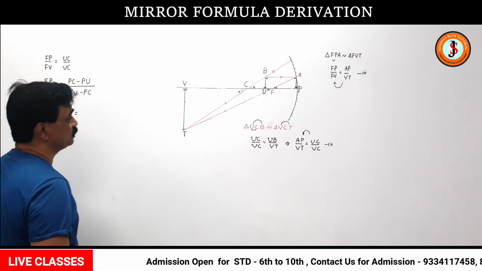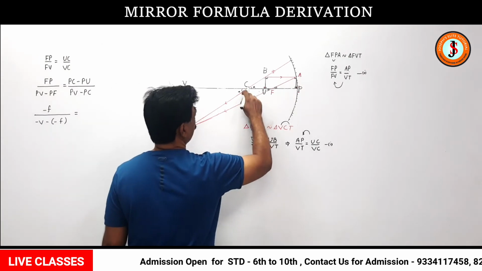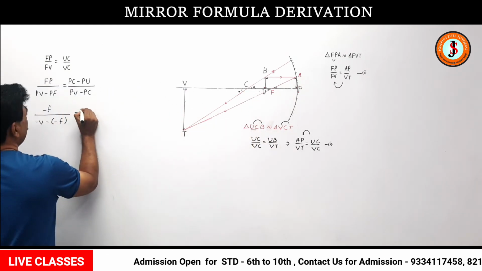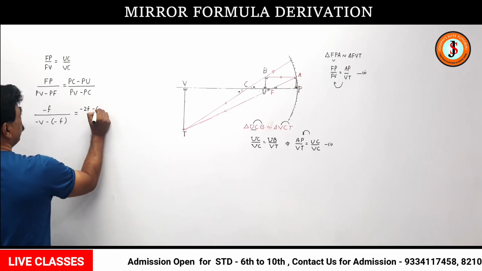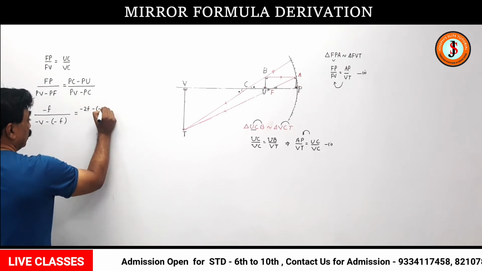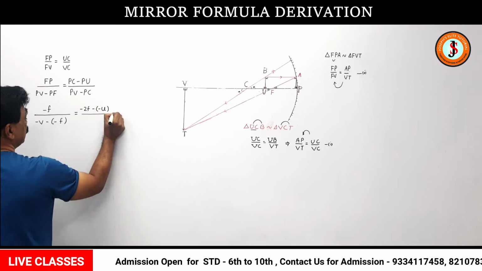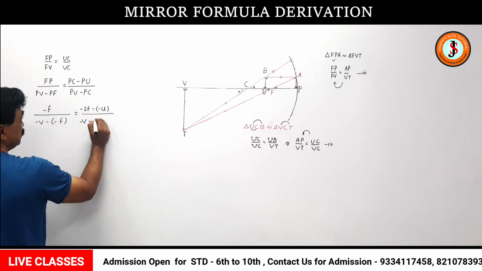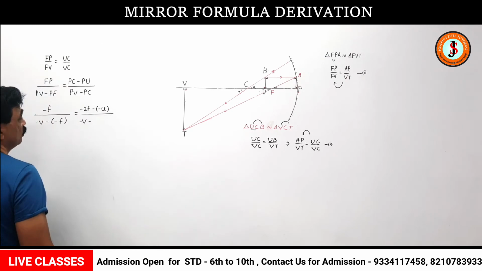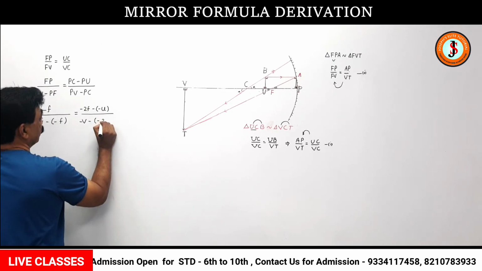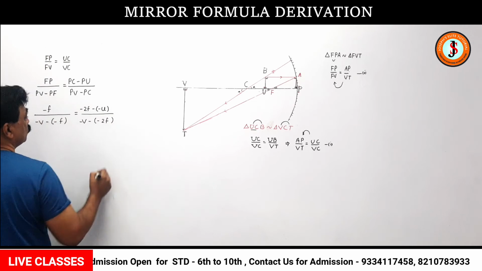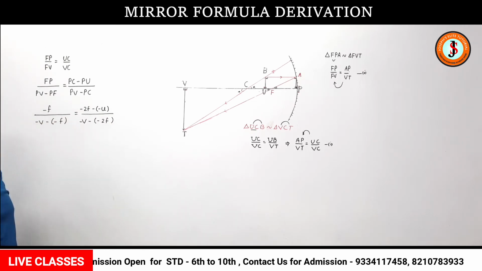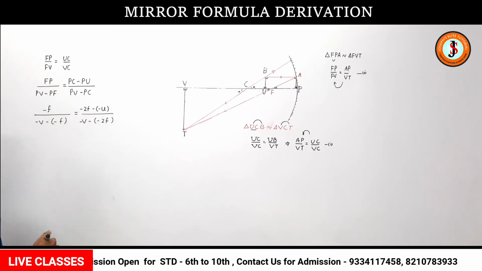PC means twice the focal length, so this will be minus 2F. PU is the object distance, that also will be negative. PV is the image distance, negative, and PC will be minus 2F.